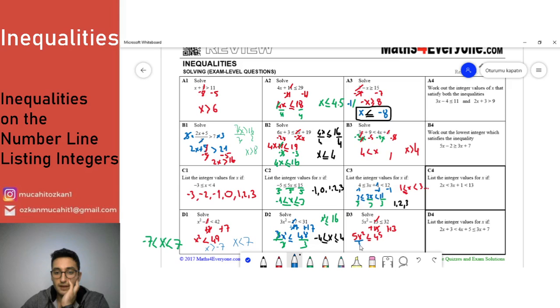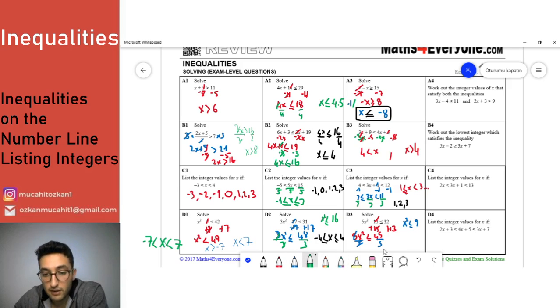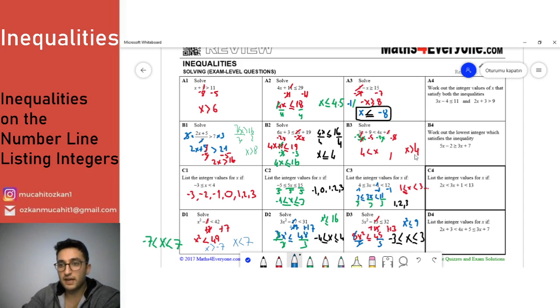If you do it, you will have x squared is less than or equal to 45 over 5, which is 9. And if you square root both sides, you will get 3. And x is going to be between positive 3 and negative 3. That is the final answer.